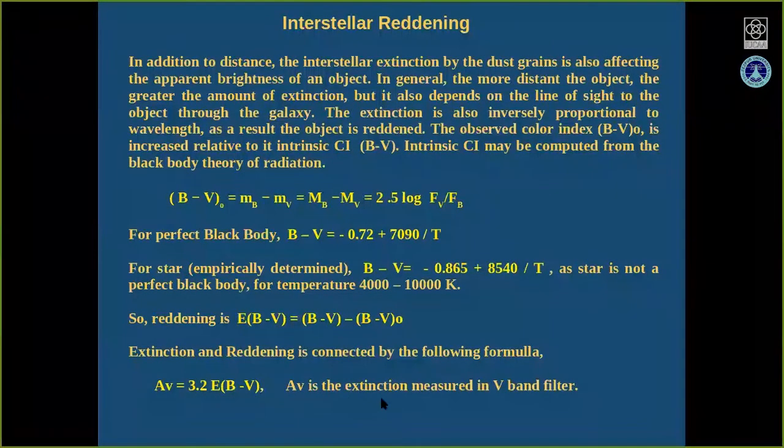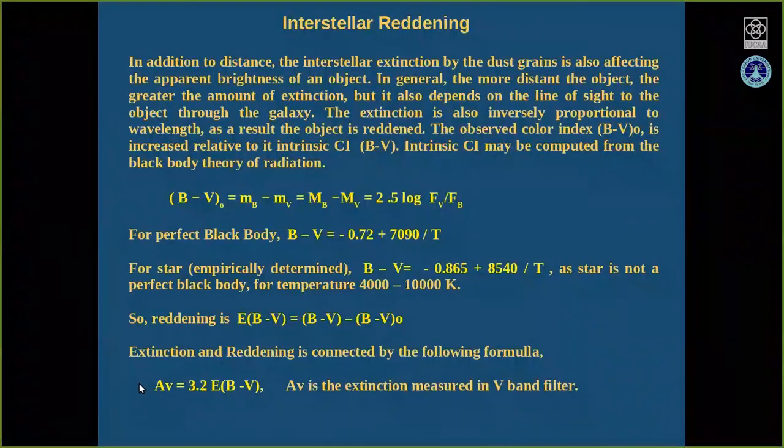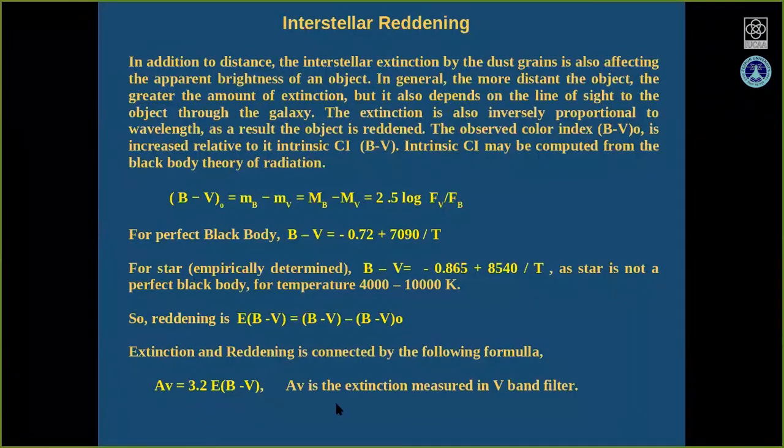AV is the extinction measured in the V band filter. So from your observation, you can easily find out this interstellar reddening, and after that, by applying this formula, you can easily find out the value of your interstellar extinction.